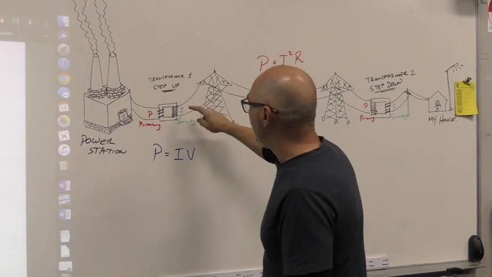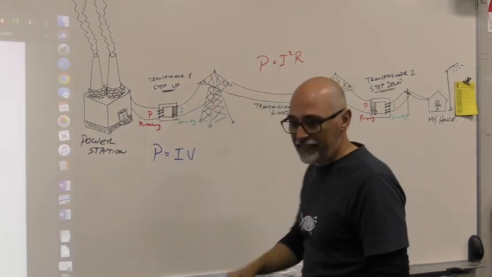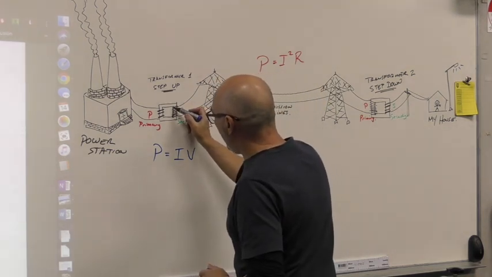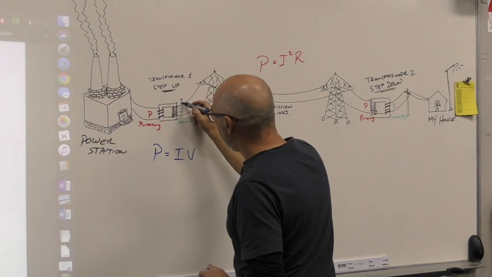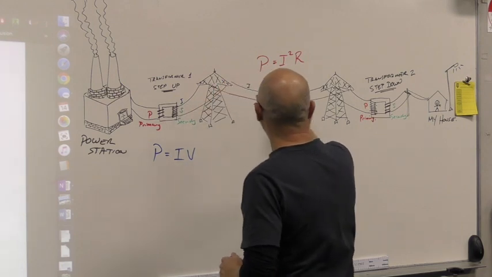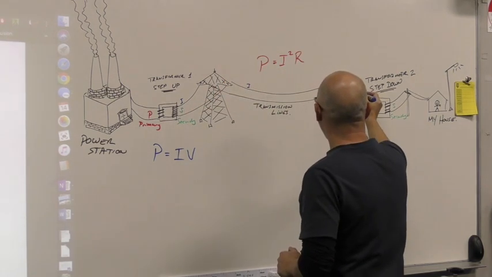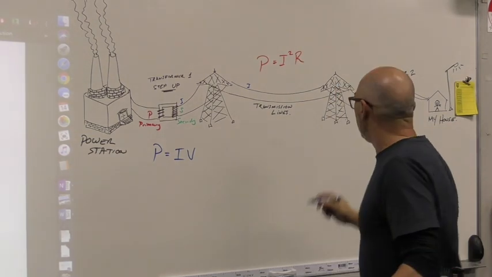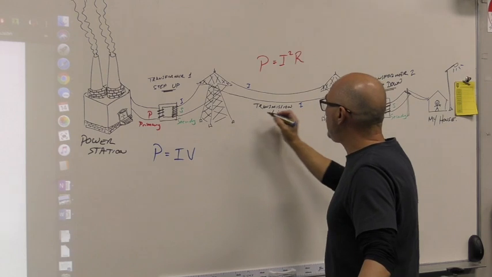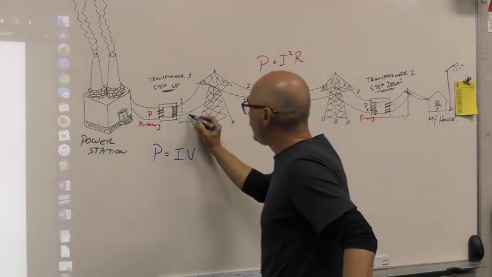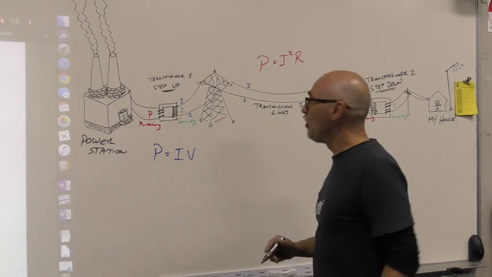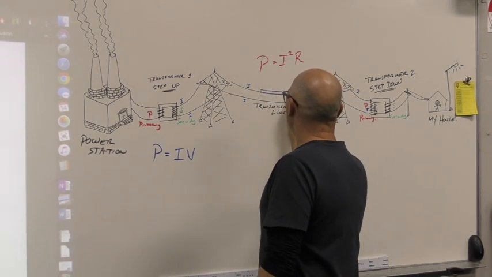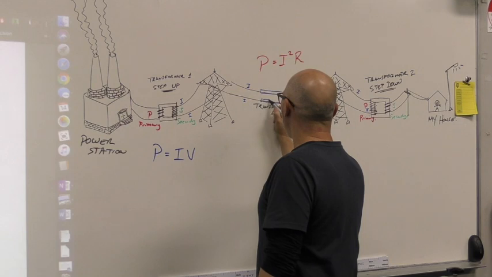But that current is the same from this coil all the way through here, through this coil, and back again. Anywhere you measure the current in this loop, it's exactly the same. Why? Because again, these wires are acting like resistors, so they're like their own components.